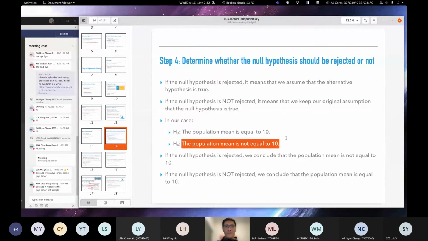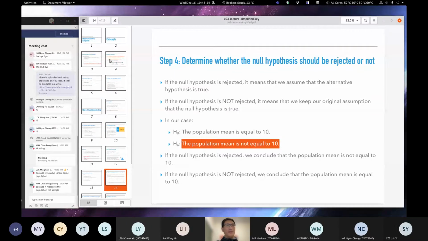The other hypothesis is true. Now, when we do this, of course, we are not 100% sure about our answer because in inferential statistics, we always have error in our sample, right? That is what I have emphasized many times. So there is a probability that if I say that the population mean is not equal to 10, then I might be making a mistake. Okay, there is such a probability.